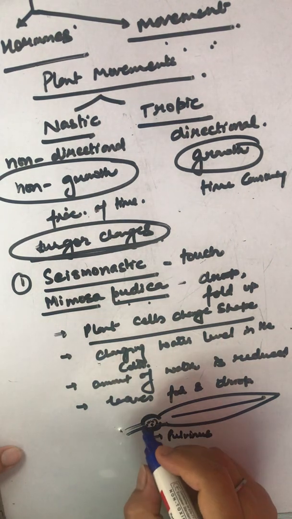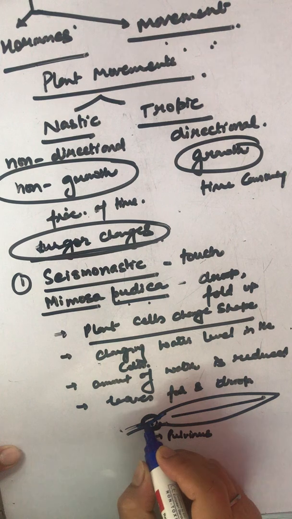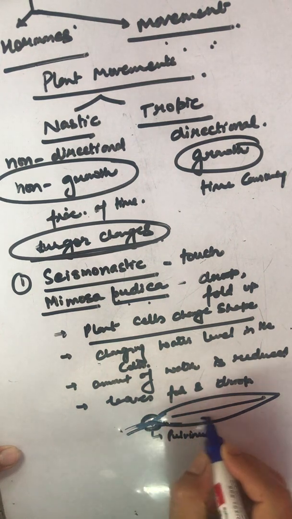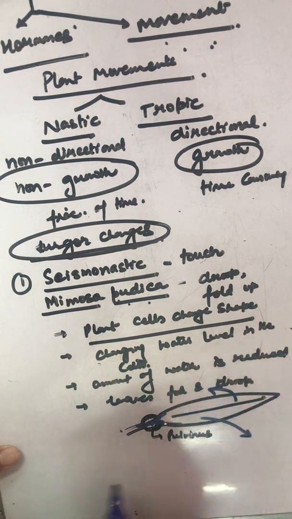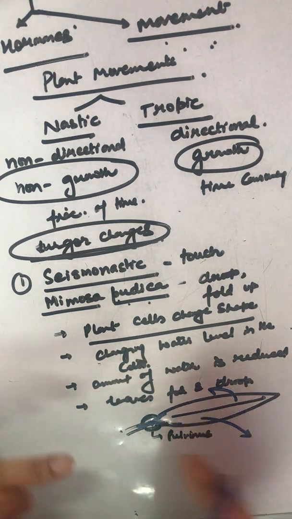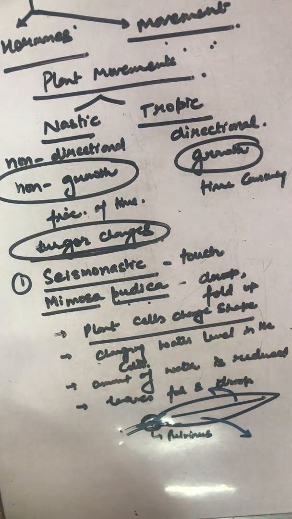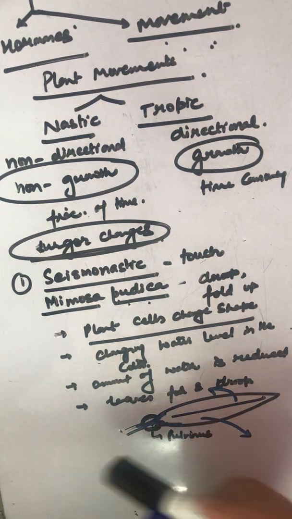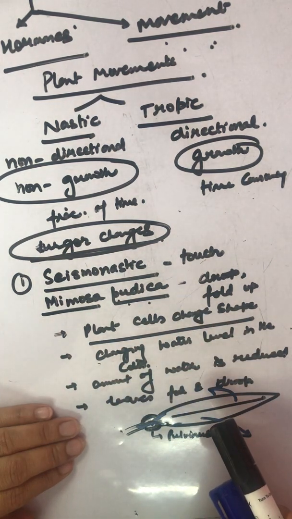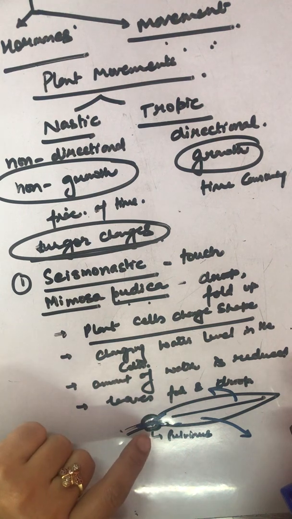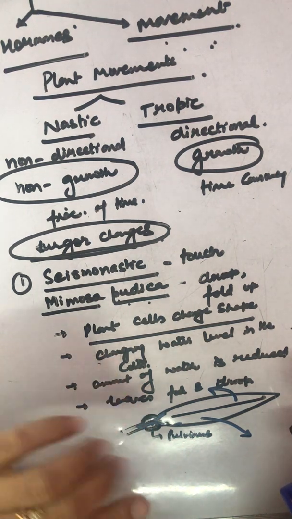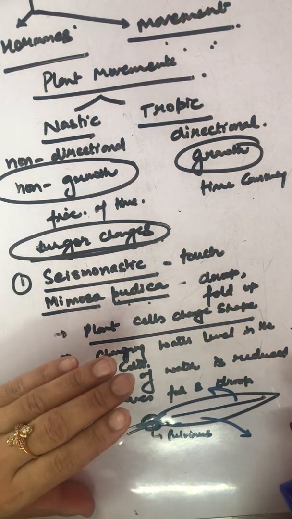How? Because the water is no more present, so this will become tender and thin and ultimately will fold in any direction. It will droop in any direction. It will slowly regain the same. Once the conditions come back to normal, this pulvinous area will regain water and again the plant will become turgid.